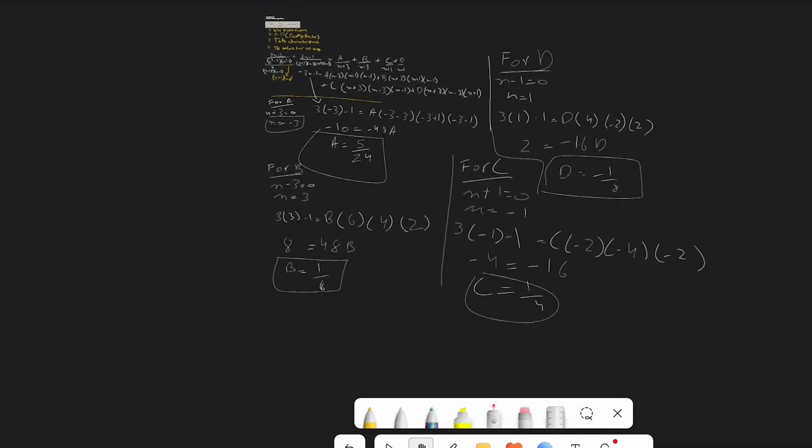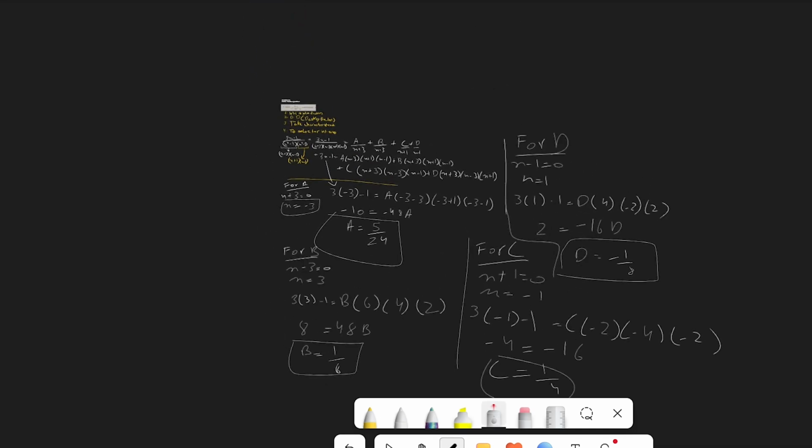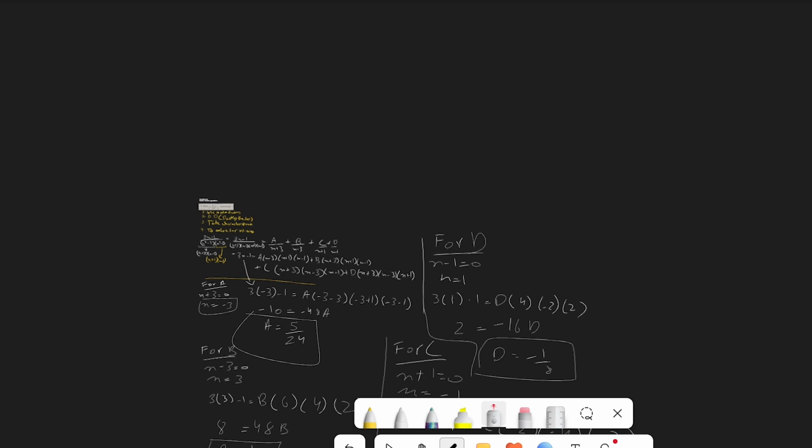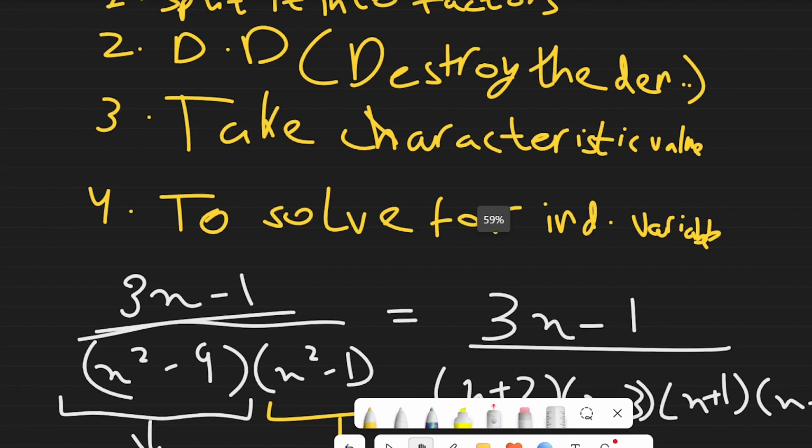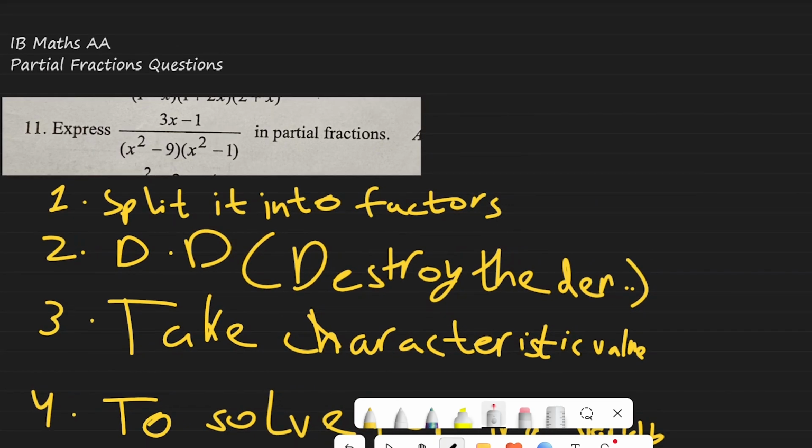Let's just rewrite this fraction in partial form. I'll do it right next to the question so you can relate to it. So the answer is, I'll write it in very neat handwriting, the neatest I could possibly go.